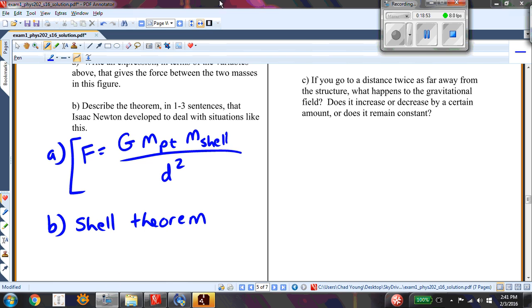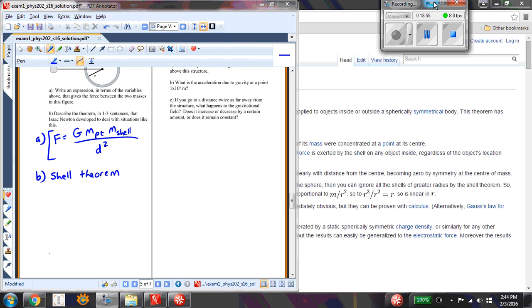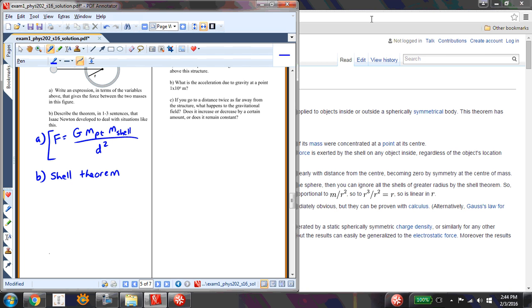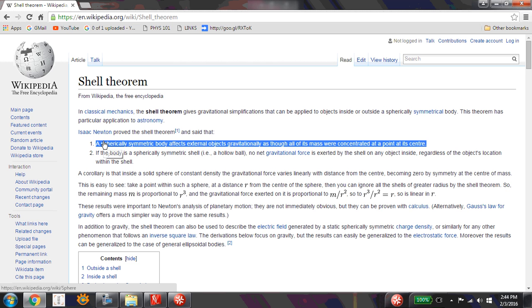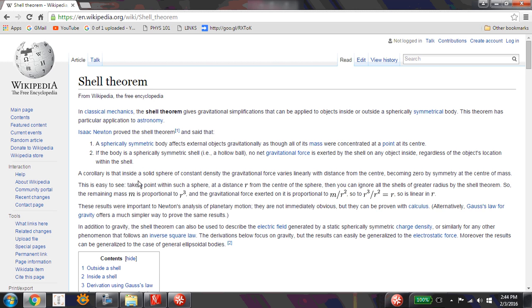I need to pause this for just a second. Okay, and the shell theorem, good wiki page here, is the basic idea that a spherically symmetric body, that is a shell of mass, affects external objects gravitationally as though all of its mass were concentrated at a point at its center. There are some other results from the shell theorem. We didn't really go into those, but you can read them here.